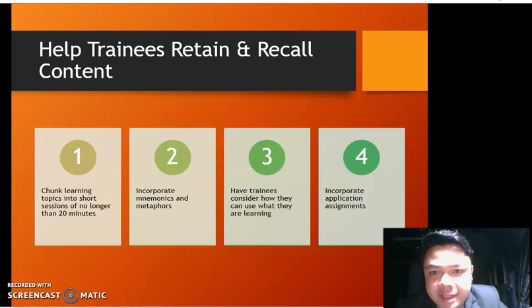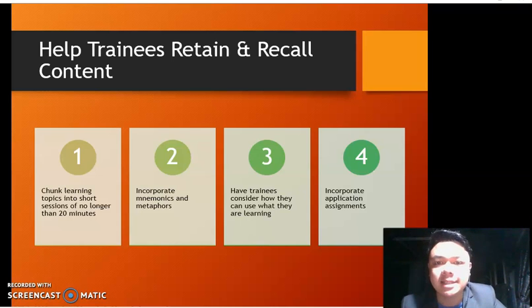Another way to help trainees recall what they have learned is to have them consider how they can use what they are learning in the training. Application assignments increase recall of the training content and help apply it to the work setting when they encounter the appropriate cues, such as problems and work situations in the environment.